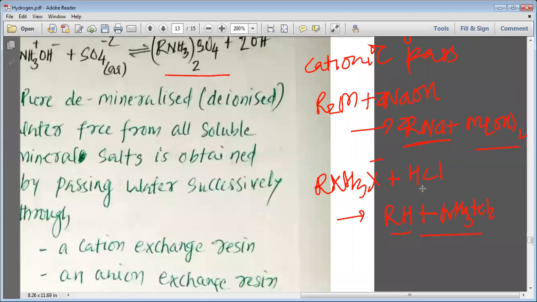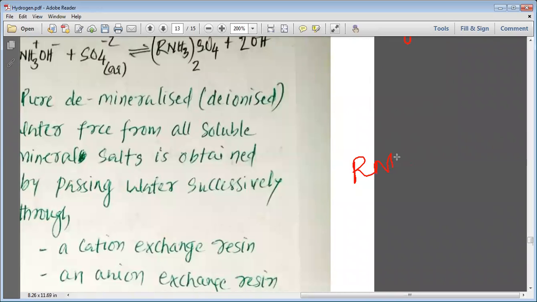Here, instead of converting into the RH, we can even understand it this way. Suppose we have RNH3 X minus, and if we allow it to react with acid HCl, let's say, we will get RNH2, which is our anionic resin RNH2.